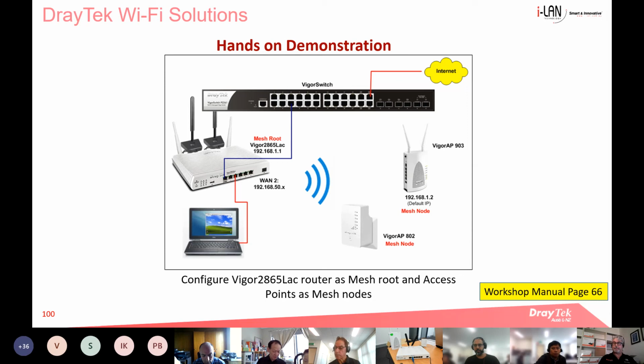Thank you, Darren. The spotlight is on the equipment that we have now. We have an AP 903, an AP 802 and our 2865 LAC. Let me go straight to my computer.